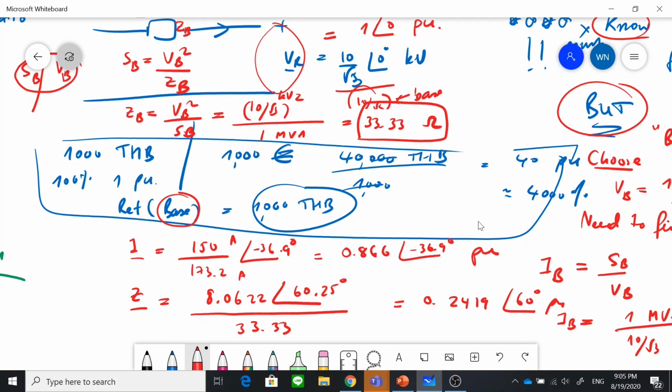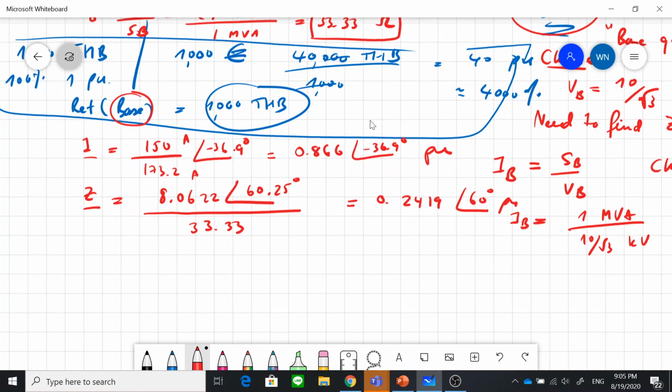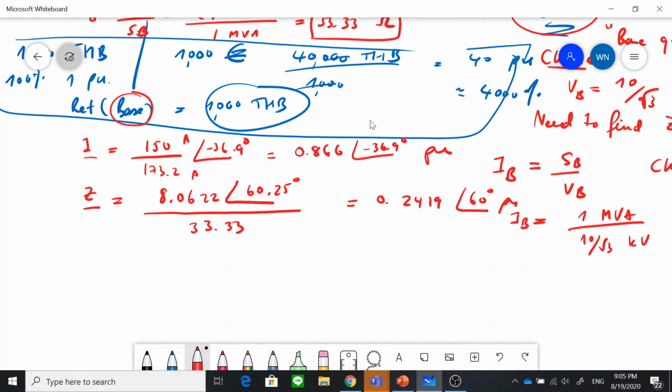So I just computed all the circuit quantities in percentage or in per unit. Now you can use the voltage equation.